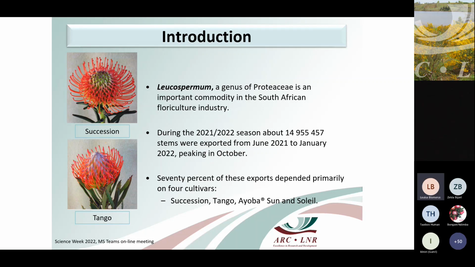The export markets primarily depend on only 4 cultivars: Succession there at the top, Tango here at the bottom, Ayoba Sun, and Sulail. But the range of products that are sold is quite wide.